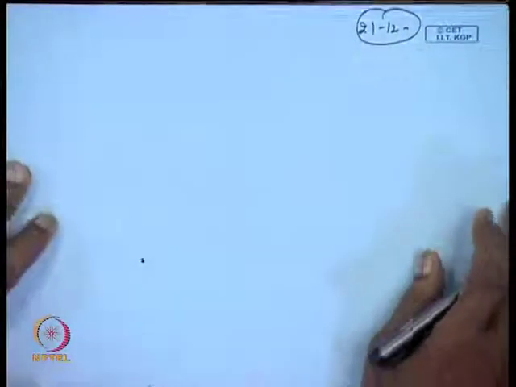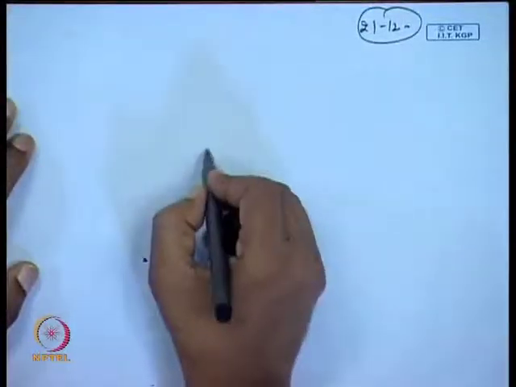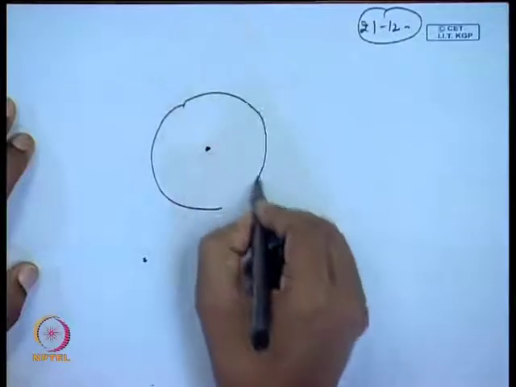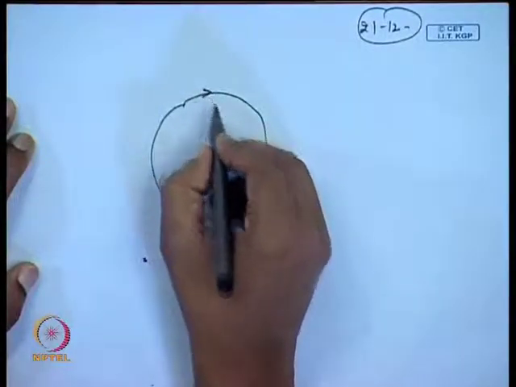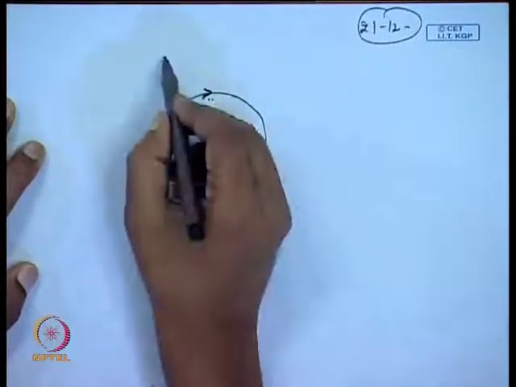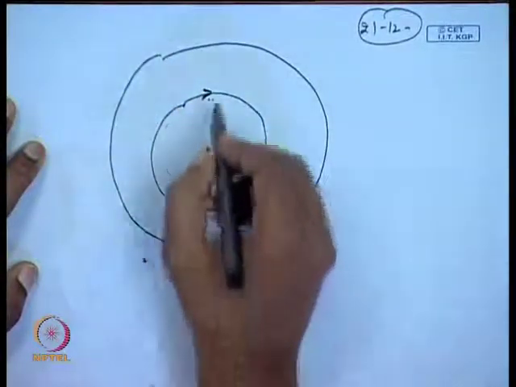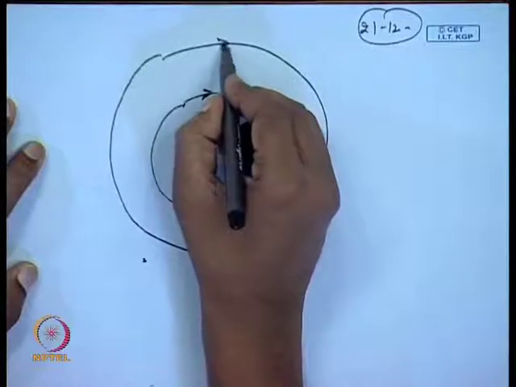In the non-tangential burn, again this is the center of the force, the satellite is moving in this orbit, and I need to put it in a higher orbit.